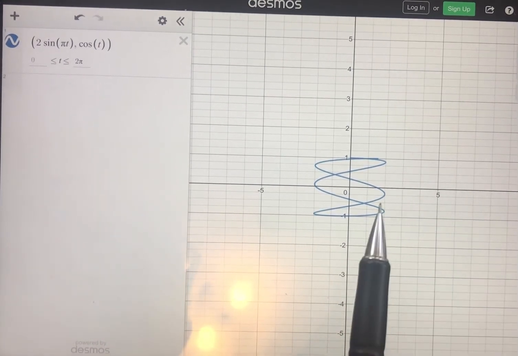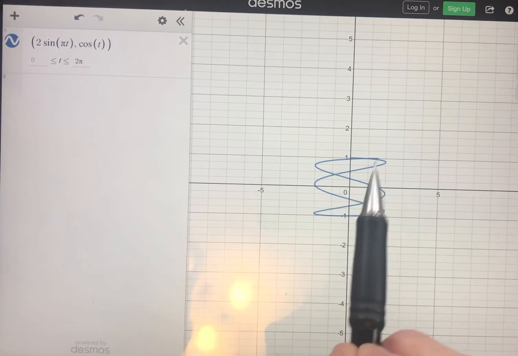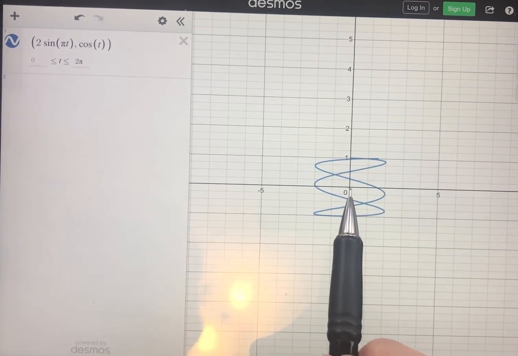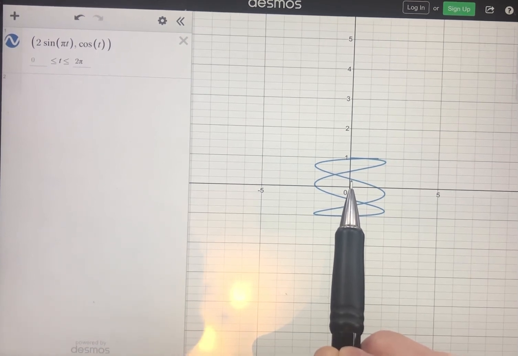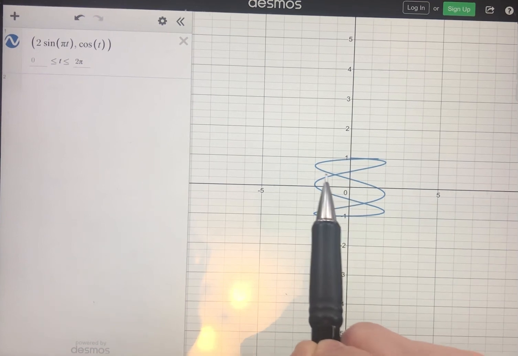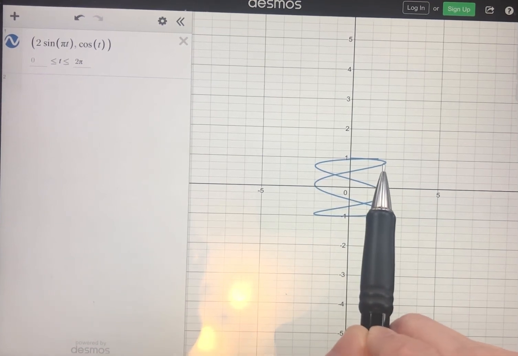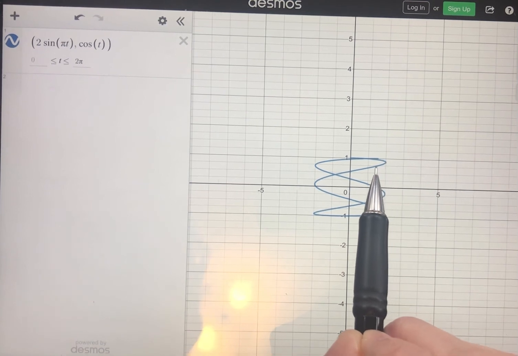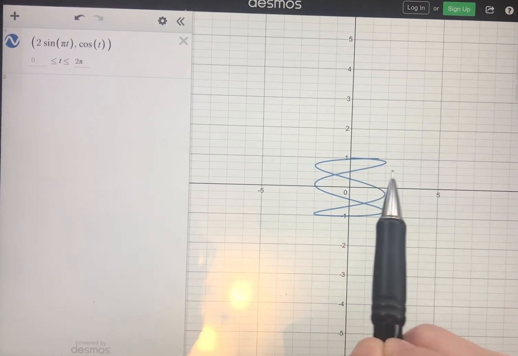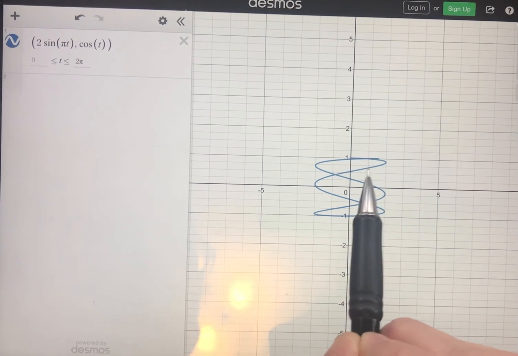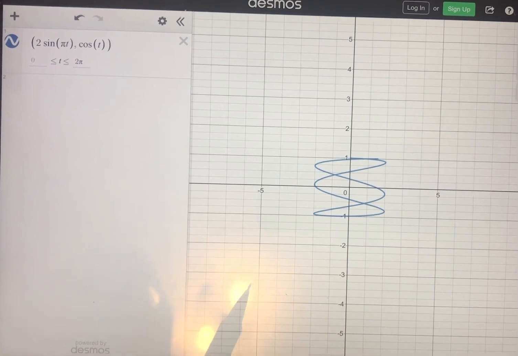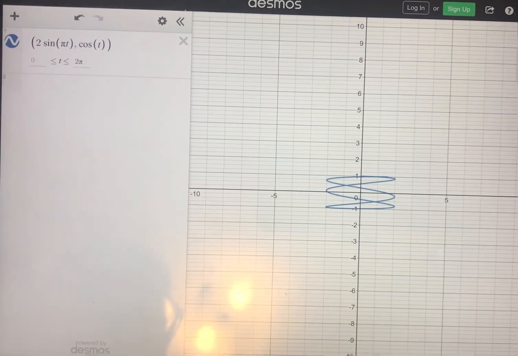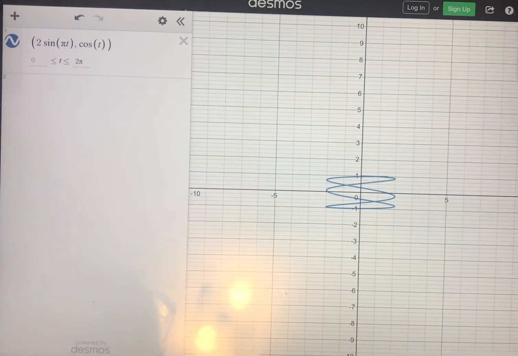For us it started at (0, 1), then went to 2 at 0.9, and then came to 1.2 and 0.7, around here somewhere, as it drew it. So there you have it. And by the way, don't forget radian mode, of course. But there are parametric equations, including Lissajous figures.